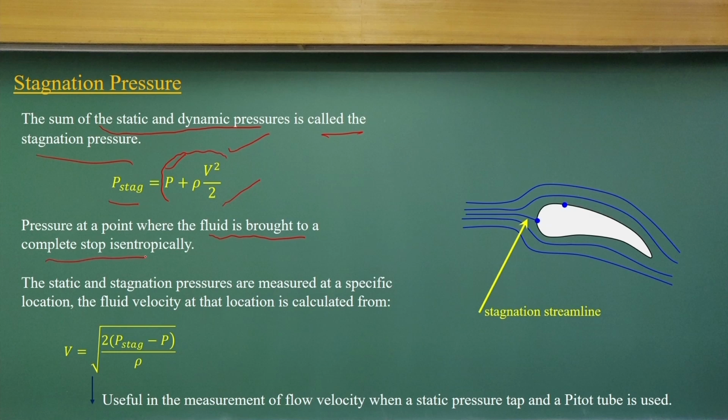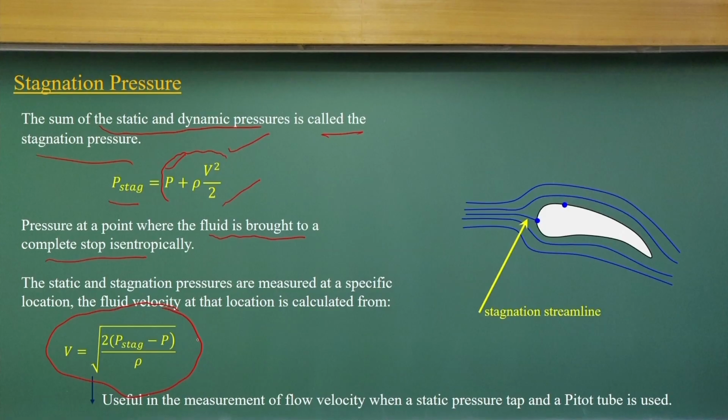Those equations we can rearrange to compute the velocity. I think this is used even in the modern era in aircraft wings, where you can see pressure sensors, and based on these pressure sensors we can easily compute the air speed.